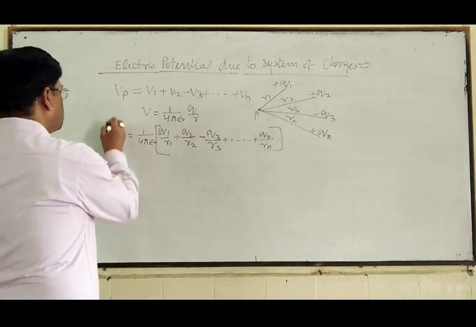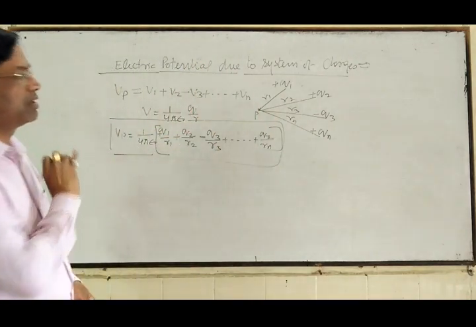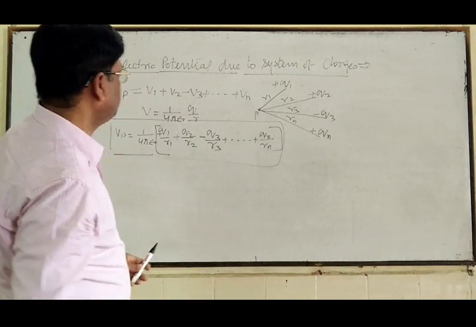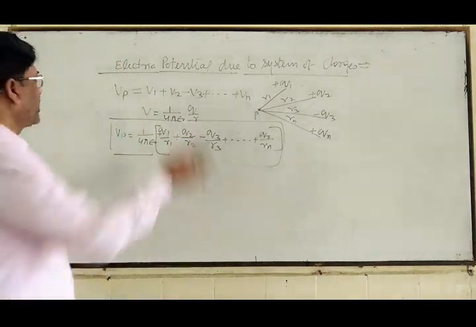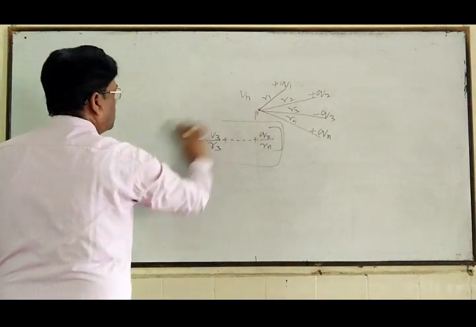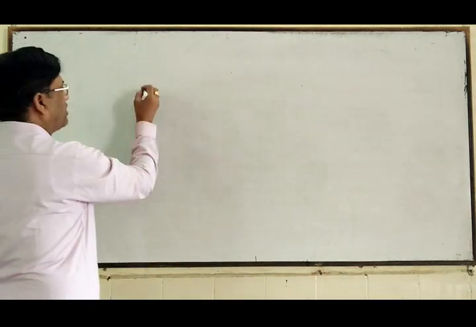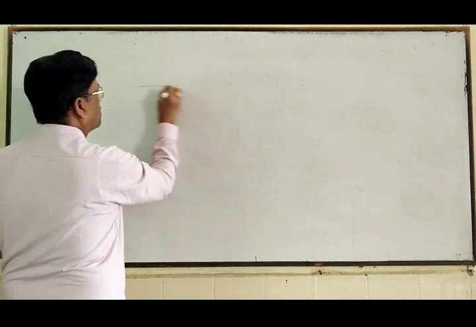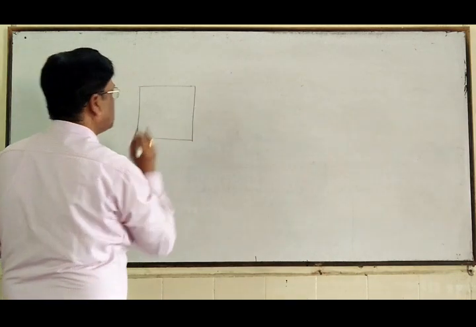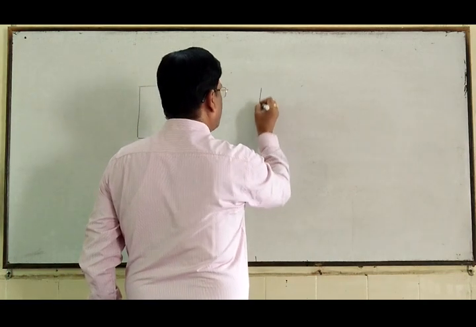This is about, just one problem we will discuss here. This you understood? Okay. Suppose there is a square. Two configurations, two arrangements of the charges, can be there.